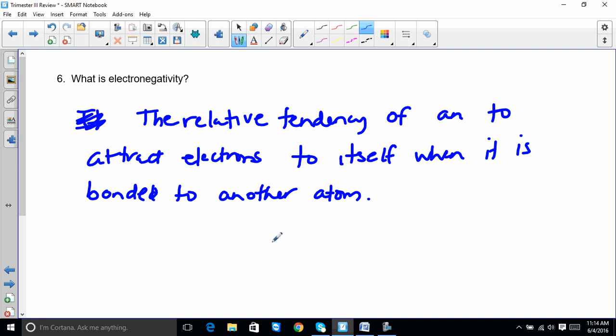That's like when calcium is connected to fluorine, the fluorine is attracting the electrons to itself, and that's how come it can pick up a bond.